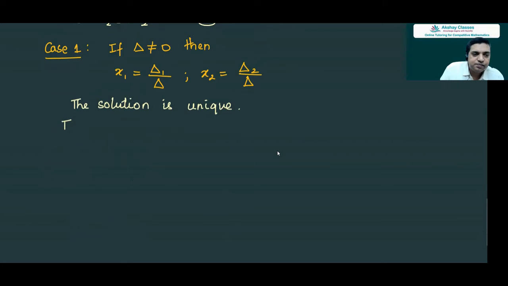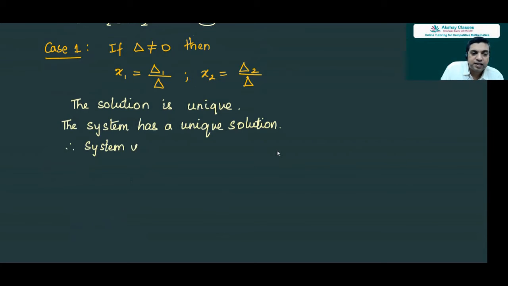The system has a unique solution, and therefore the system is consistent because it has a solution, and determinate because it has a unique solution.